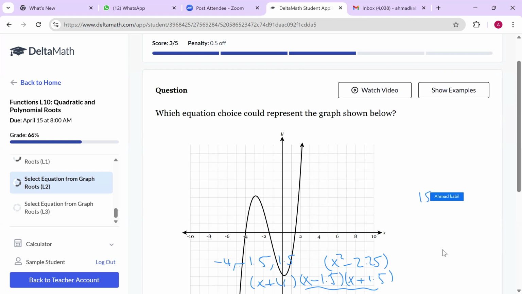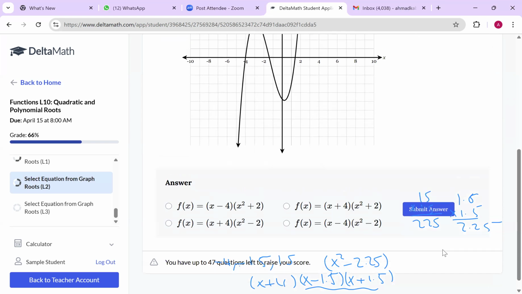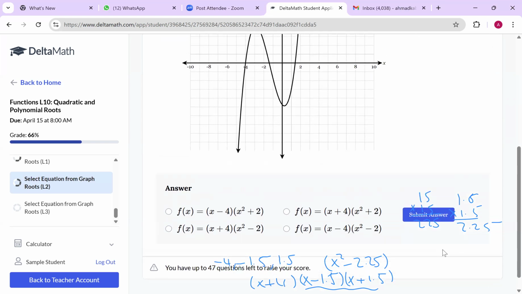Because 15 times 15 is 225. So 1.5 times 1.5 is roughly 2.25. So here we have x plus 4 or x minus 4. So of course we neglect or reject x minus 4. So we have x plus 4 times x squared plus 2 or x squared minus 2.